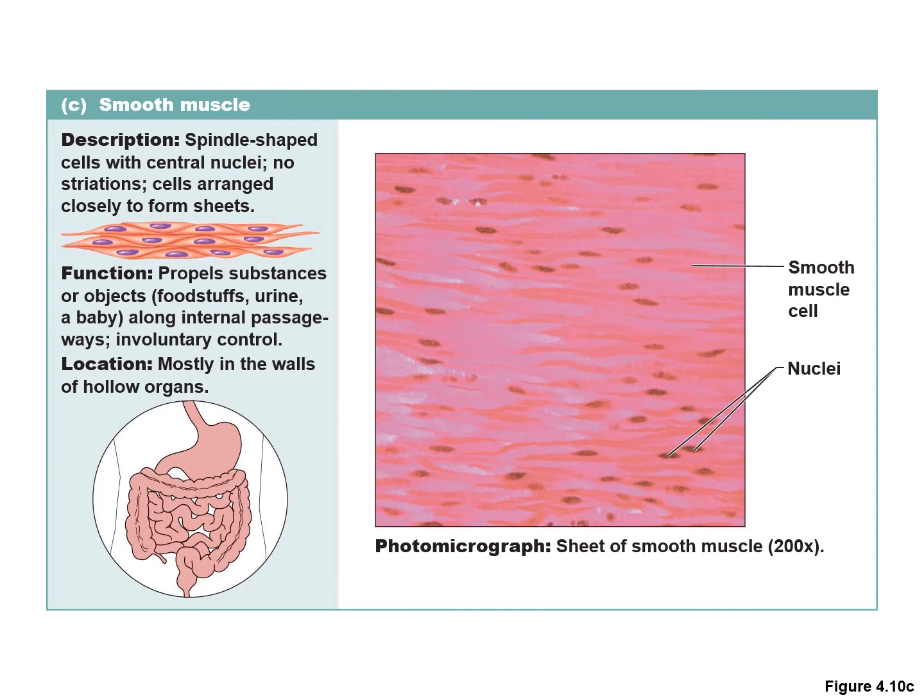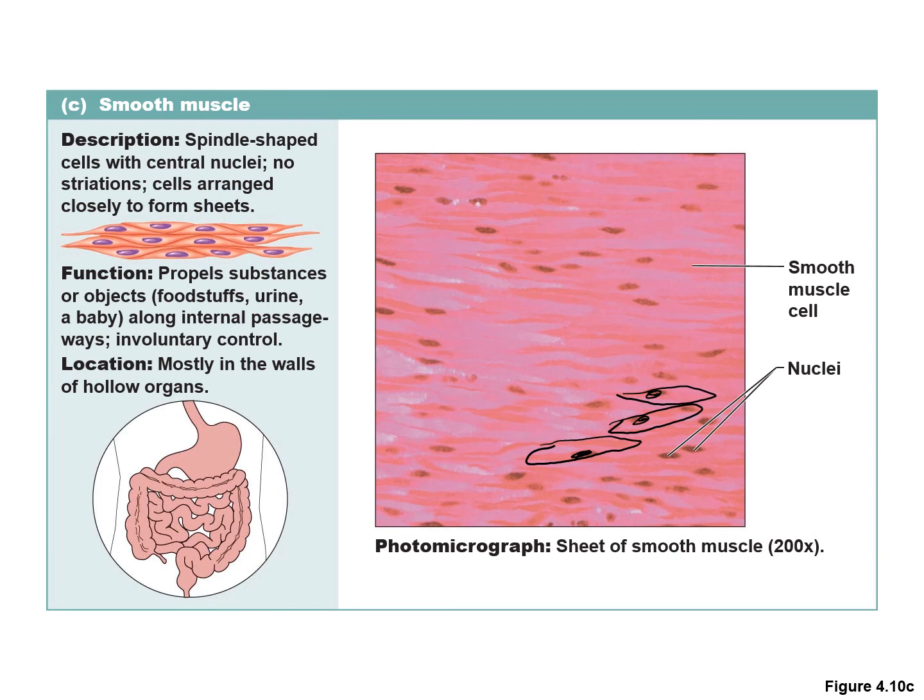And smooth muscle. So smooth muscles are spindle-like cells. So here are spindle-like cells, uninucleated, so one nucleus per cell. They arrange closely together to form sheets.